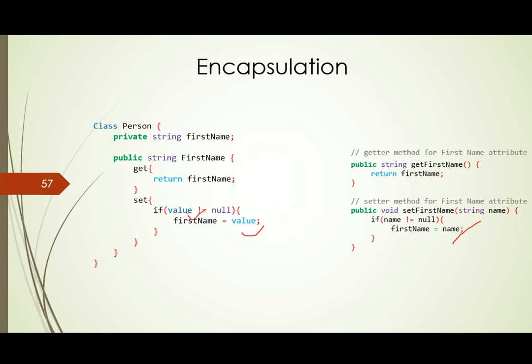So when you say value, it means the parameter that passed in. So we're checking the value. If it is not null, then we are putting it to the field. So you really have to have a field when you are explicitly defining it. Other than that, you really don't need another private field.